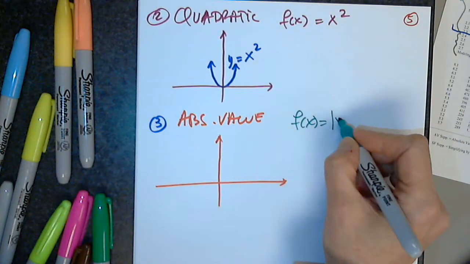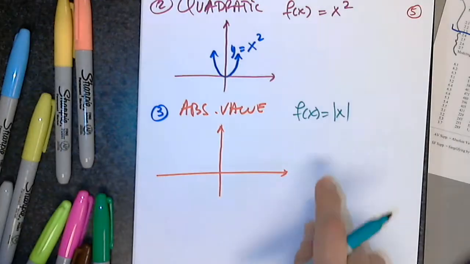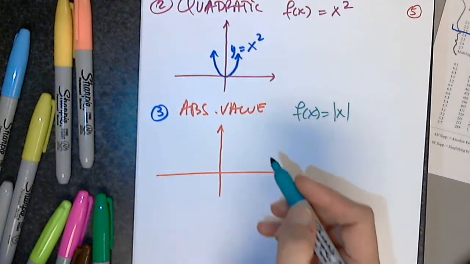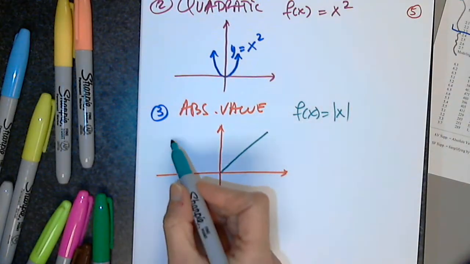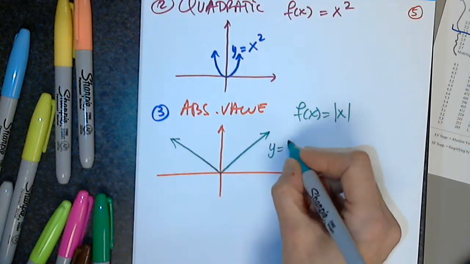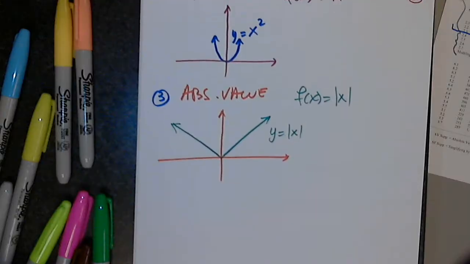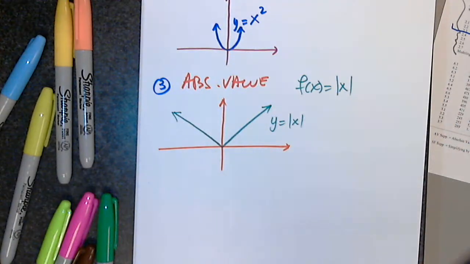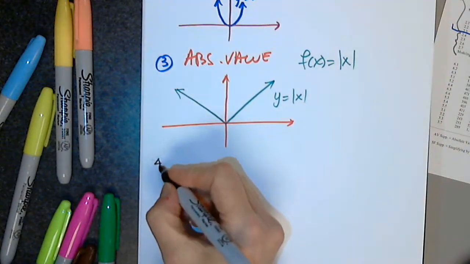So f of x, the absolute value of x, is the simplest possible one. This does not have any transformations on it. It's the basic function. So here it is. So this is y equals the absolute value of x. I'll come back to all of them after I finish because I want to say something about each and every one of them.